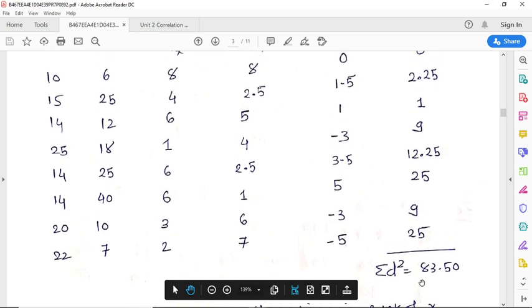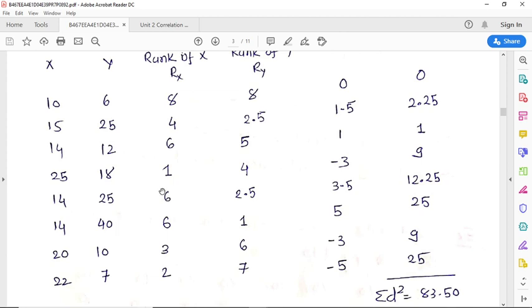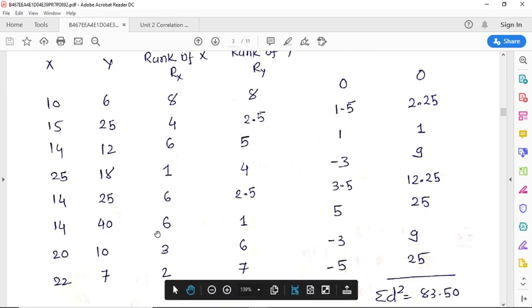So now for the values of M. In the rank of X, the 6 is repeated 3 times. Clear? This rank is repeated 3 times in this column. So we consider M1 equal to 3 for the rank of X, and no other number is repeated except that.